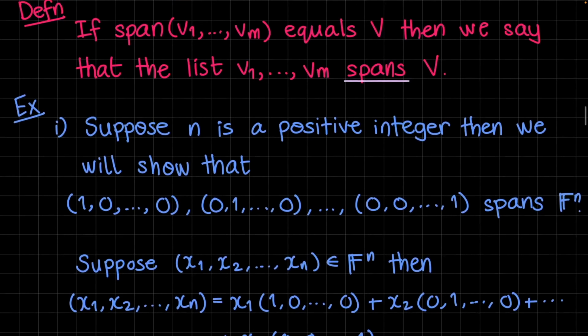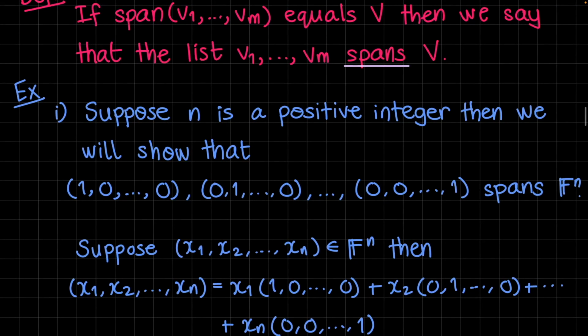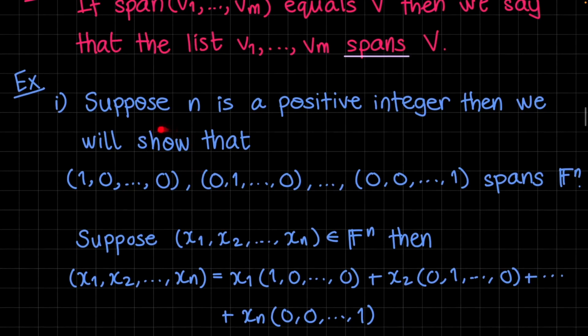Let's talk about examples to make this a little easier. Suppose n is a positive integer. Then we can show that this list of n vectors, where you have 1 in the first position, 1 in the second position, and so on, until you have 1 in the nth position, spans F^n, where F is the field, of course.